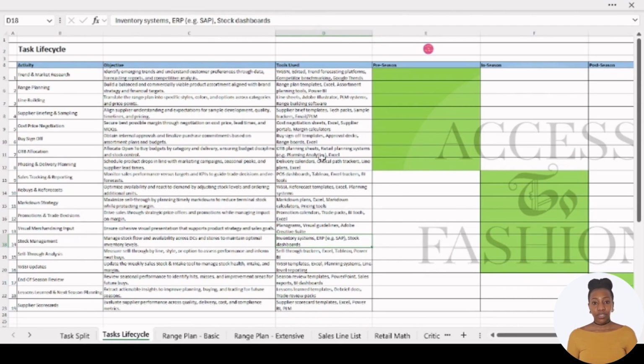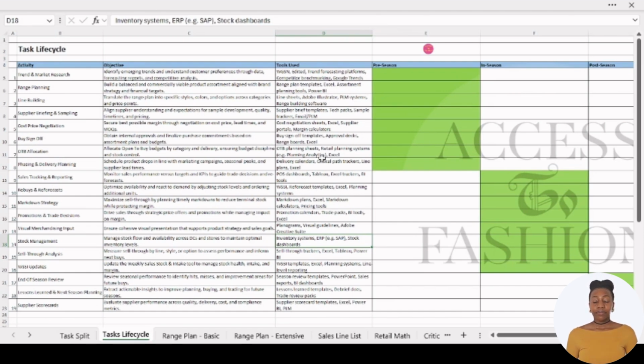These are like your ERP systems. That's your enterprise resource planning, and that's heavily enterprise software. For example, SAP or Business One. Then you'll have stock dashboards as well. There's so much software, but as a concept view, I do have Excel spreadsheets to plot out inventory from a basic view, just to understand the concepts behind these inventory sheets.